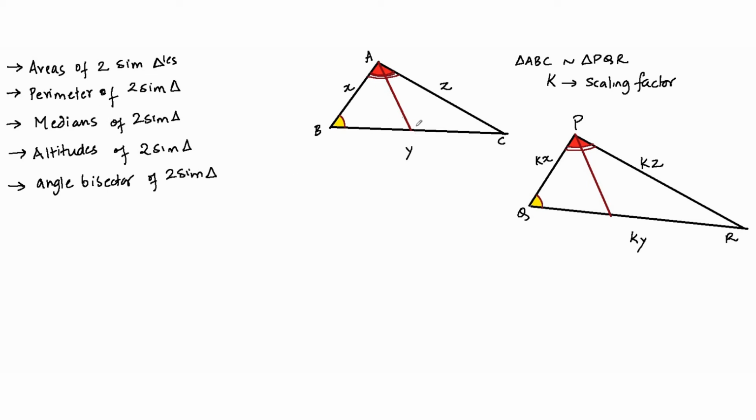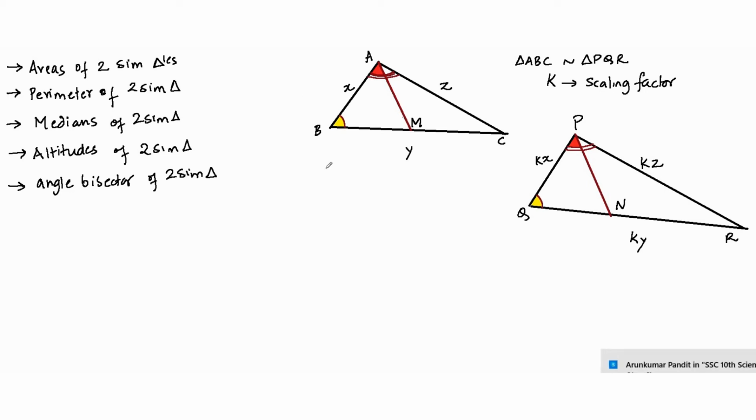So this is M and this is N. So AM bisects angle A and PN bisects angle P. Now angle A and angle P are equal, that is given to me. So half of their angles, that is this angle, angle BAM, should also be equal to angle QPN, right?